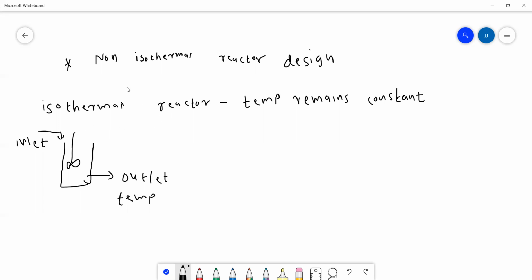But in reality, in many cases, or in most of the cases, the inlet and outlet temperatures are different, and that is called a non-isothermal reactor.